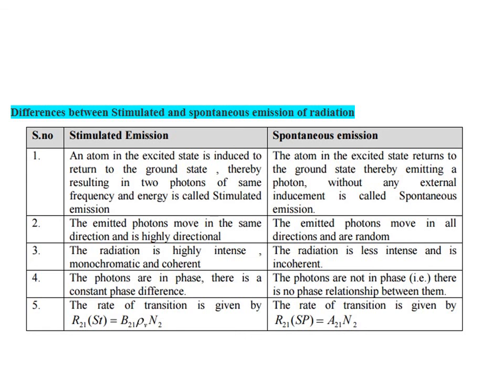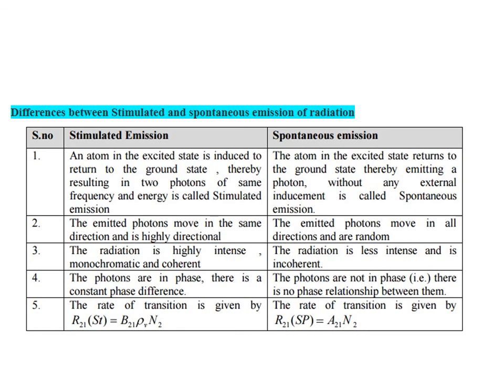None of these features of lasers will be available in a source generating light through spontaneous emission. So inside the laser, spontaneous emission is suppressed as much as possible and stimulated emission is enhanced. That is the reason for the special features of the laser.